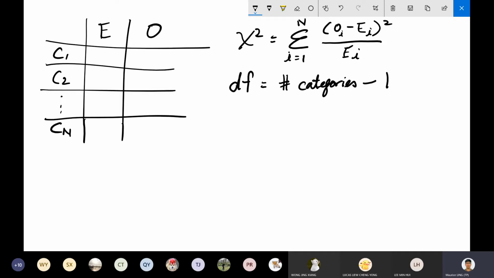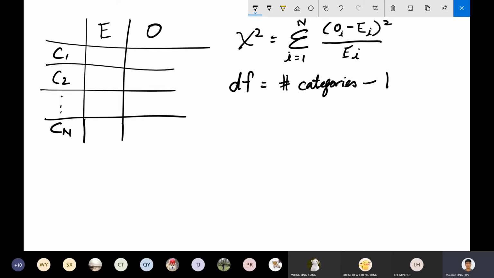So if you look at this equation by itself, based on what you learn about ANOVA and t-test, what is that one number that's always important in t-test and ANOVA that seems to be totally missing here?